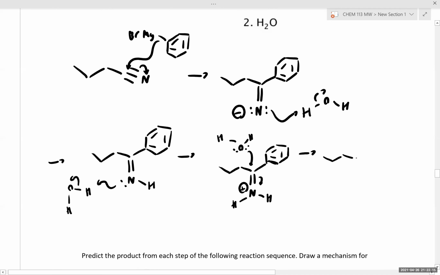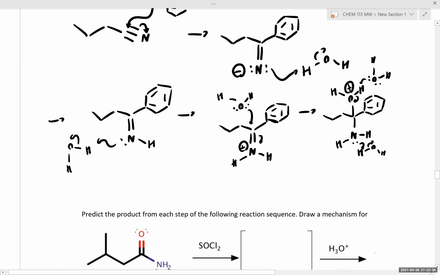From here now, we're one proton transfer away from being able to kick out our amine. So we're going to engage in a proton transfer. And from here, we now have this wonderful leaving group in the form of ammonium.